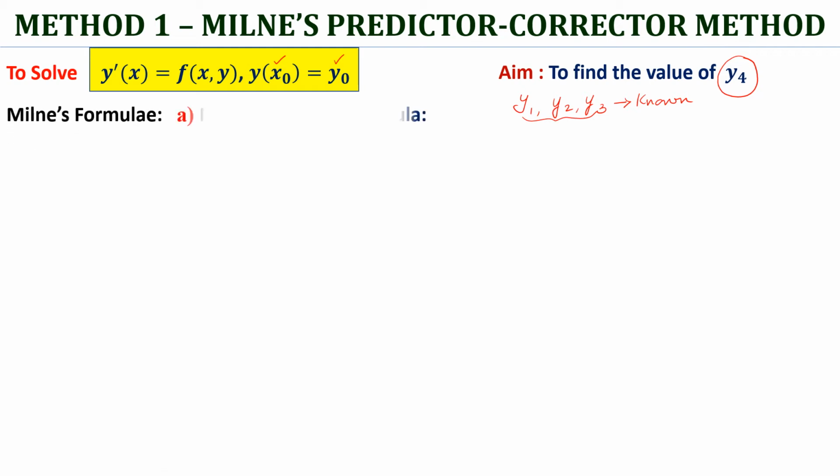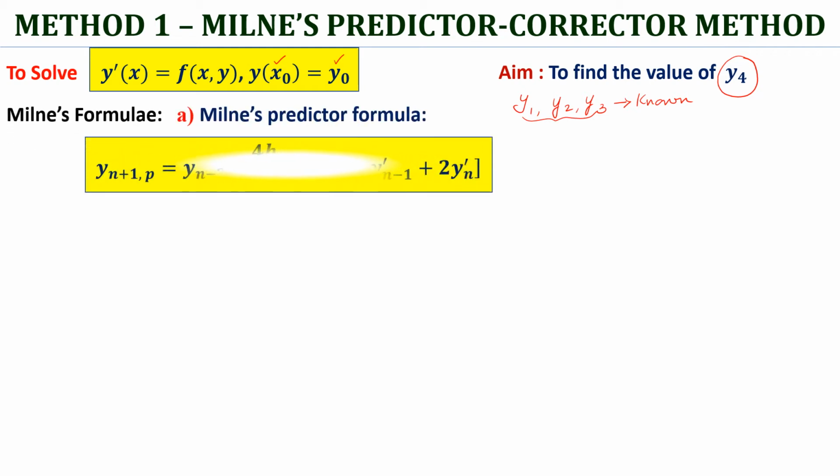That will be given by this expression. Now if you see, I have y n plus 1 comma p. That p stands for predicted value, and I have a formula in this manner. Let us study each one of them. I'm sure you know that if I want y4 here, I need to substitute n equal to 3 in it.